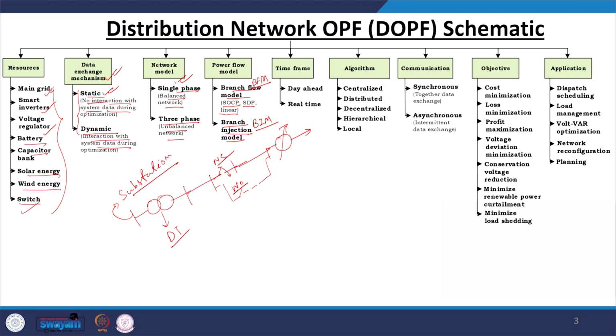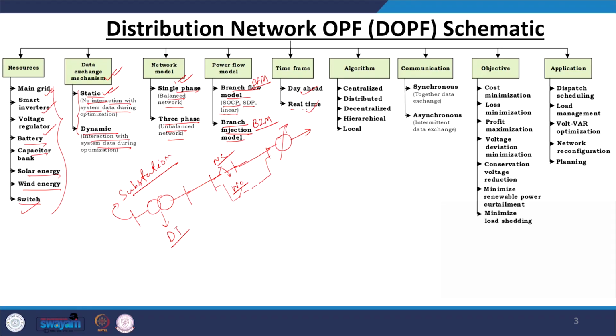Okay. The time frame for your OPF can be day ahead or real time. That means you can either formulate your OPF problem one day ahead, that means you are scheduling your network for tomorrow and doing the solution today, or you can do the solution now itself, for your decision to be implemented after a 1 minute or 5-minute time interval.